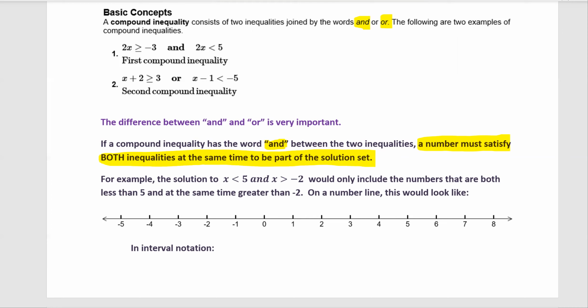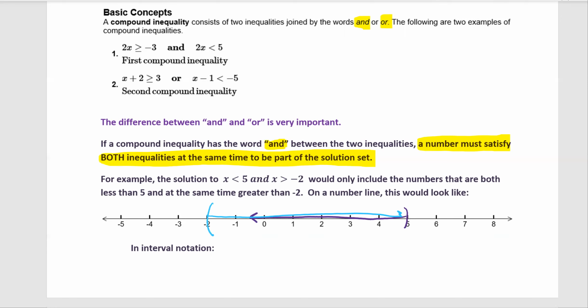For example, the solution to x is less than 5 and x is greater than -2 would only include the numbers that are both less than 5 and at the same time greater than -2. On the number line, it would look like this.